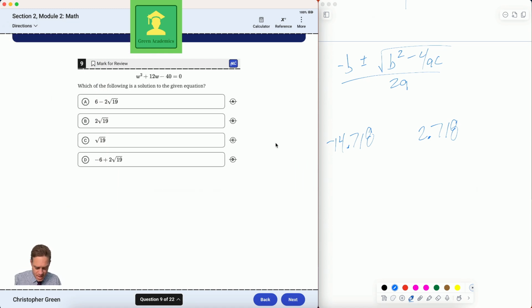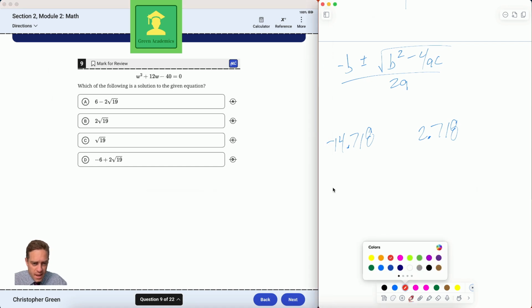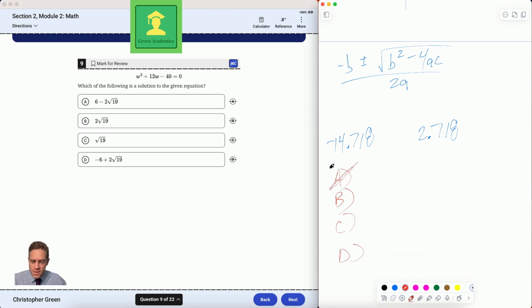So 6 minus 2 times radical 19 is negative 2. No, it's not A. So I'm just going to hit these one at a time on the calculator and eliminate them. So it's not this. 2 radical 19 is 8.7. No. Radical 19, no. It's got to be D as in dog, right? Negative 6 plus 2 radical 19, yeah, gives you this number.